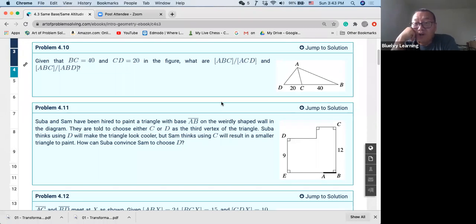What is the ratio of the area of triangle ABC over ACD? This is the first one. Second one, what is the ratio of the area of triangle ABC over the area of triangle ABD?